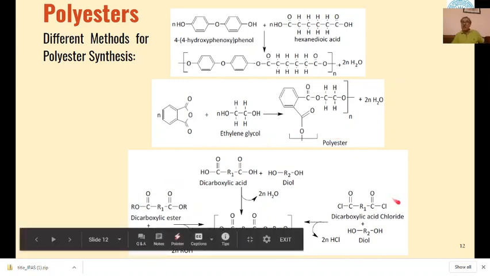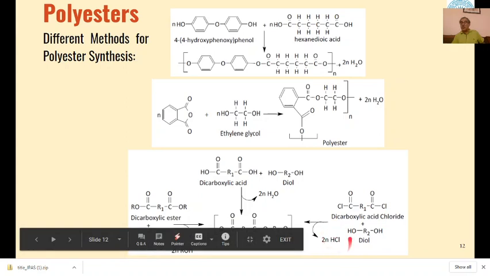Similarly, we can use carboxylic acid derivatives also. So dicarboxylic acid chloride, acid chloride on this side, acid chloride on this side, they can condense with the diols. So H from here, Cl from here, HCl is removed. H from here, Cl from here, HCl is removed.